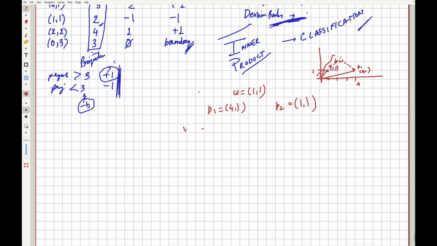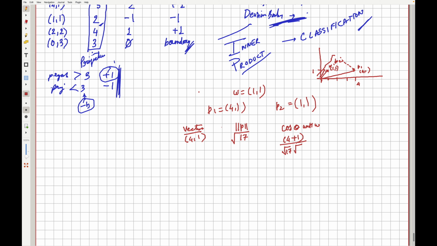So if we have a vector which is, let's say, 4 1, the length of this vector would be the square of 4 plus square of 1, sum of that, and square root, we get 17. Then what we need to do is normalize that projection. So cos theta with W, we take the dot product in the numerator, and then we normalize that with the magnitude.